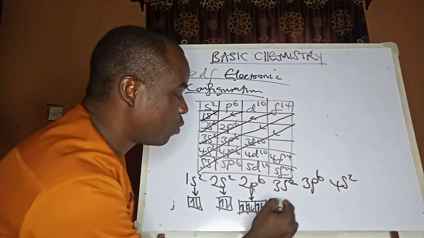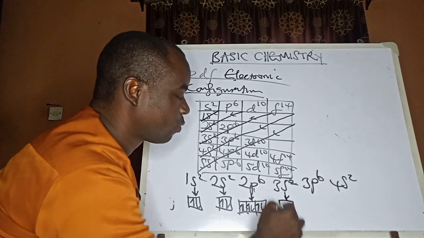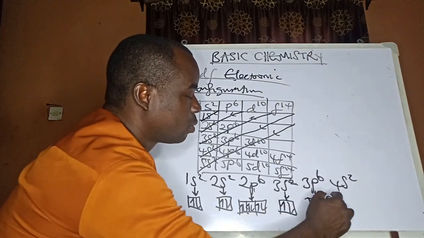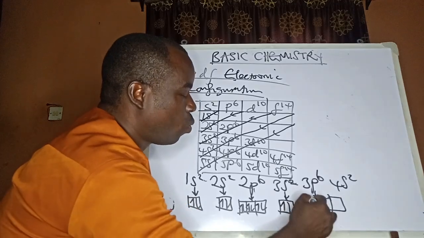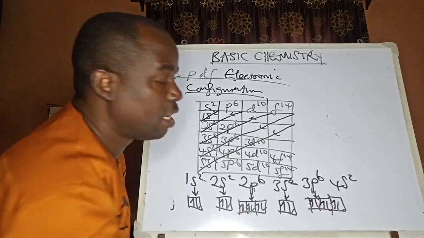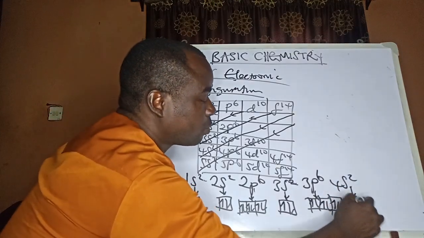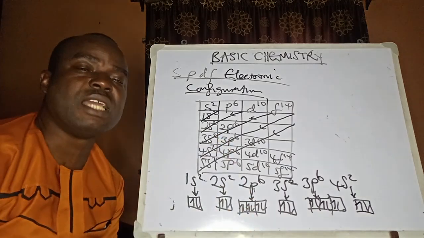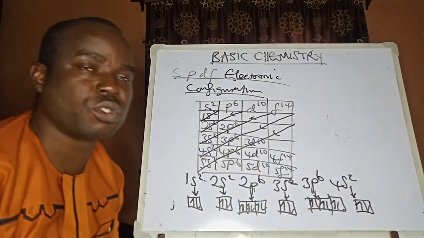Okay? This one will now be what? 1, 2. This one will be 3 boxes. 1, 2, 3, 4, 5, 6. Then this final one will now be 1, 2. So this is the formula for SPDF electronic configuration.